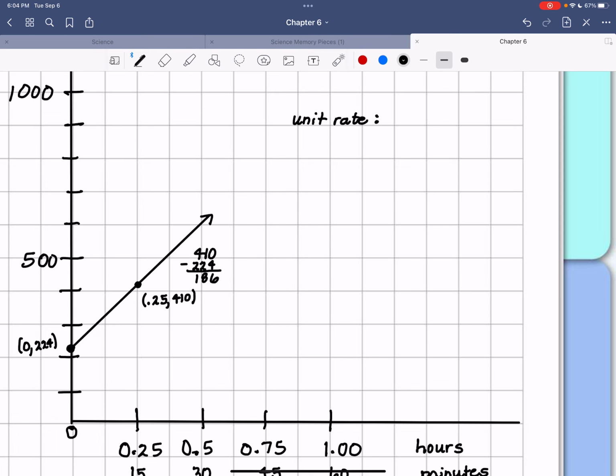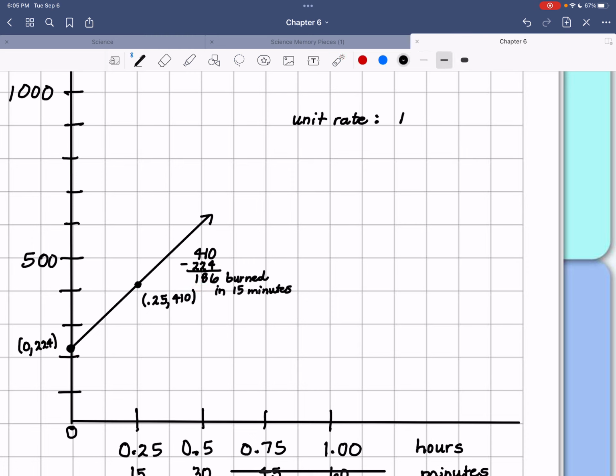So 186 calories were burned in 15 minutes. Okay, that's very important. You're not saying 410 calories in 15 minutes because you started way up here on the y-axis. You have to take out what you got yesterday. So this is what we want to use in our unit rate.